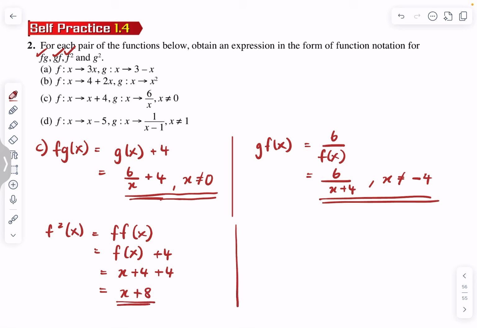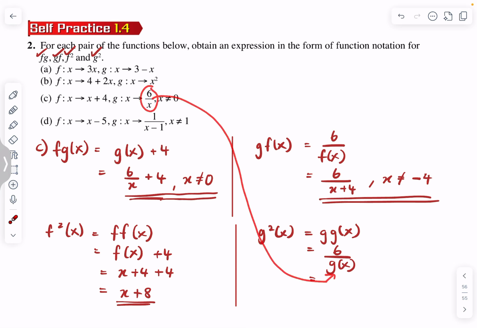Then lastly, g squared. So g squared x is g of g of x. If g of x is 6 over x, g of f of x is 6 over f of x, g of g of x would be 6 over g of x. Then we take the g of x and sub it into this g of x.